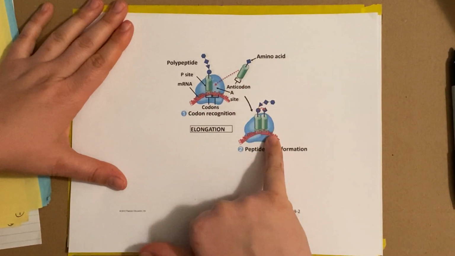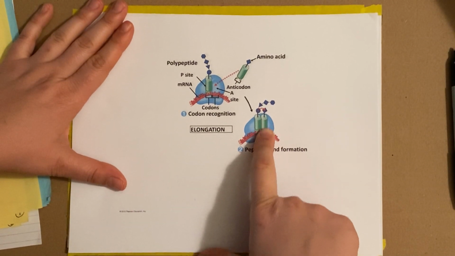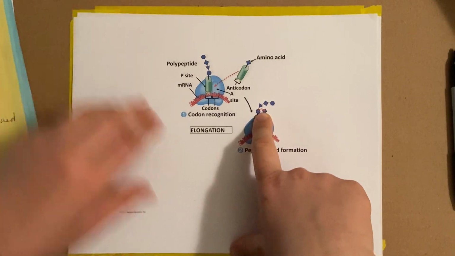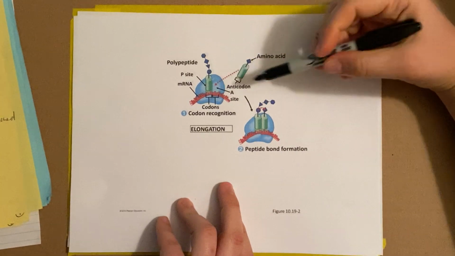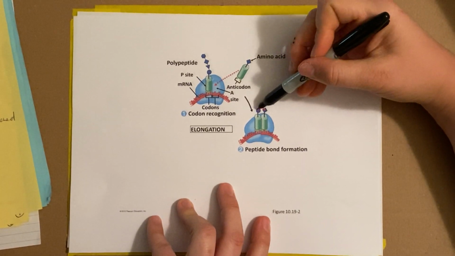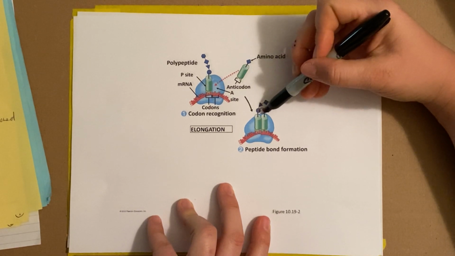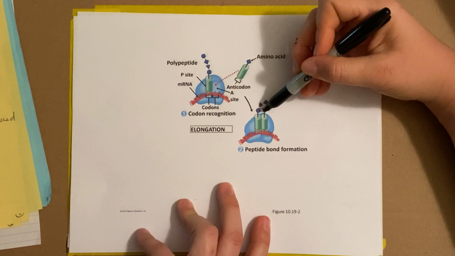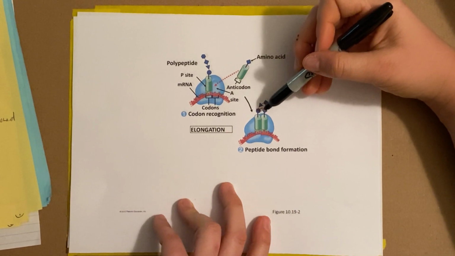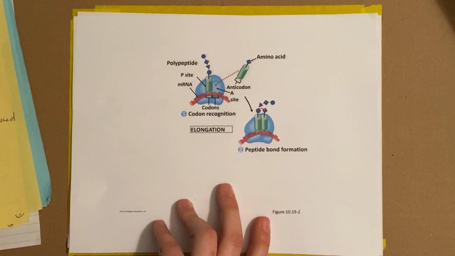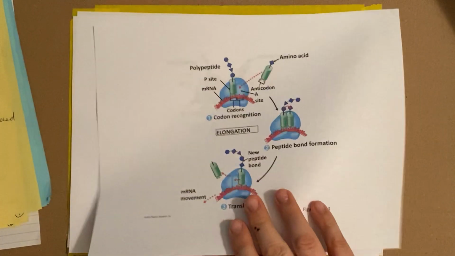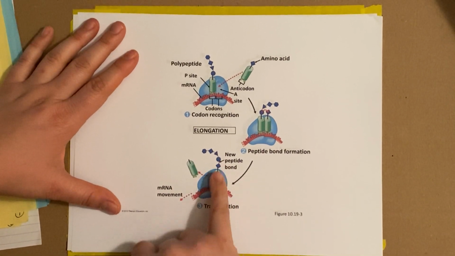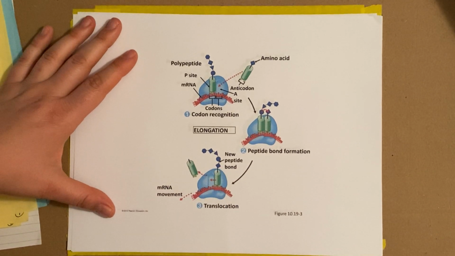Okay, so here we have the new tRNA that's come in here. We're going to have a binding, so this is going to happen through dehydration, where a covalent bond is going to form between these two amino acids, forming that peptide bond, okay? After that happens, you're going to continue to have new peptide bonds form.